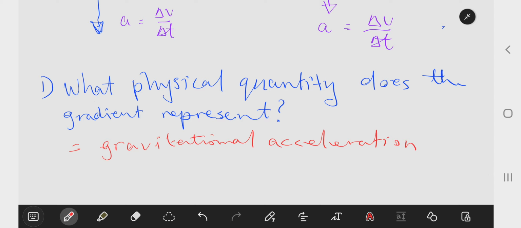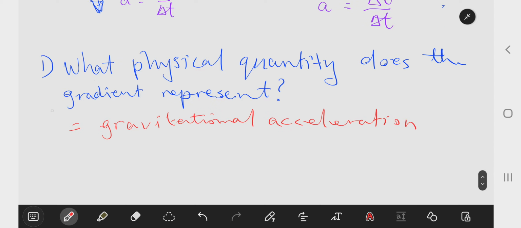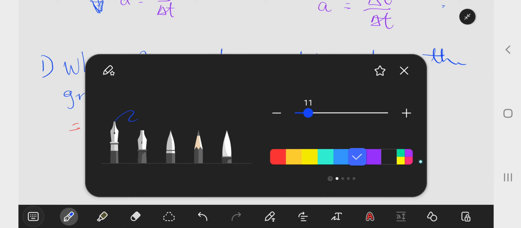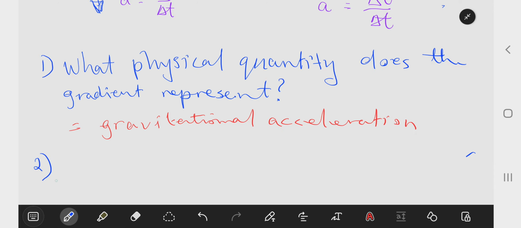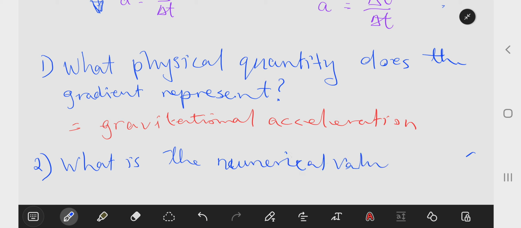What physical quantity does the gradient represent? And maybe question number 2, what is the value, or let's say, what is the numerical value of the gradient of the line?